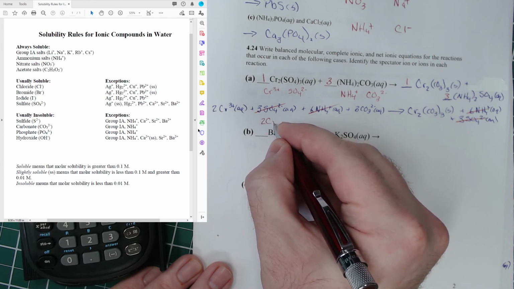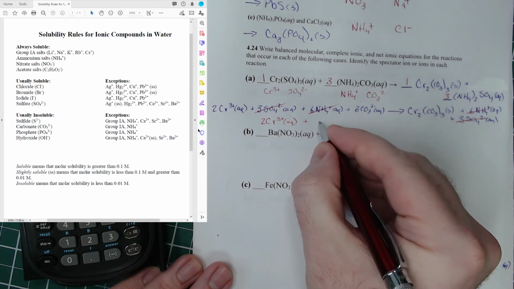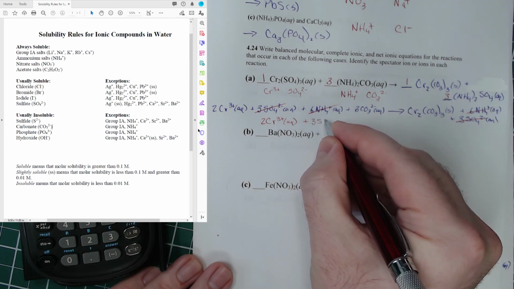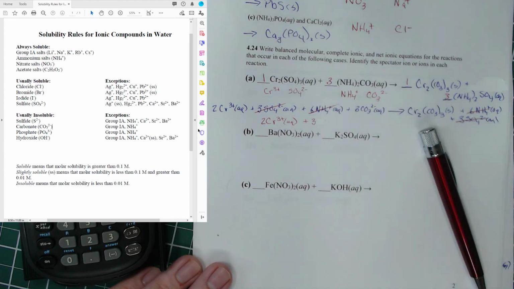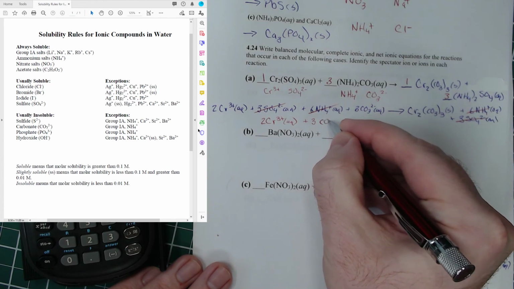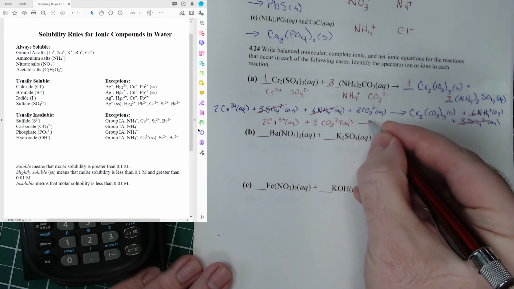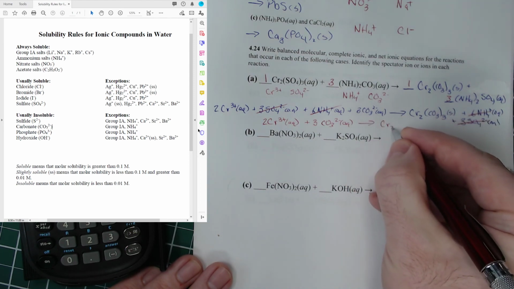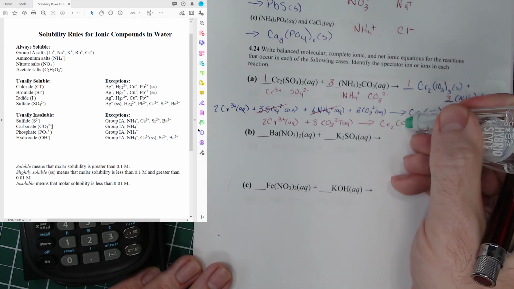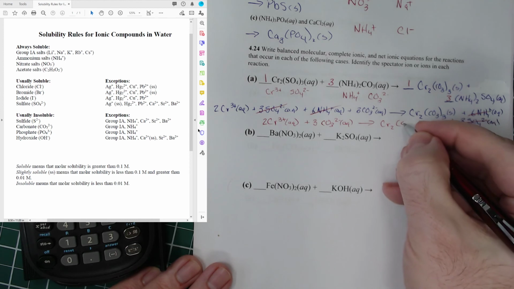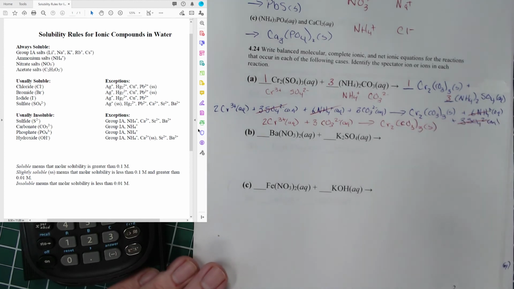So we'll put 2 Cr 3+ aq plus 3 CO3 2- aq, and our product Cr2(CO3)3, solid.